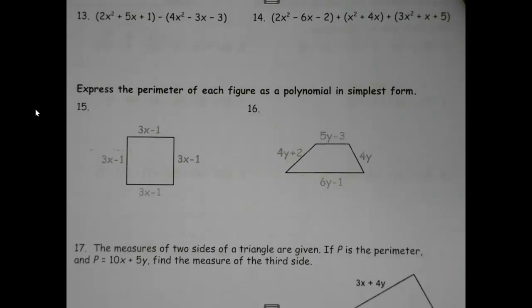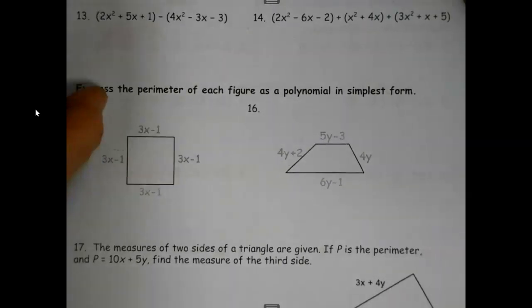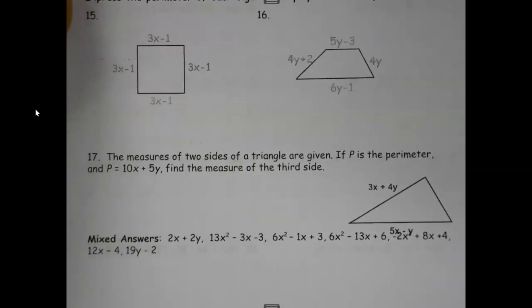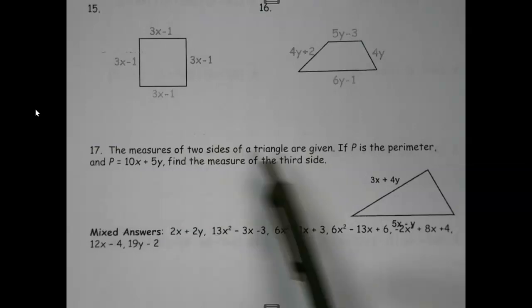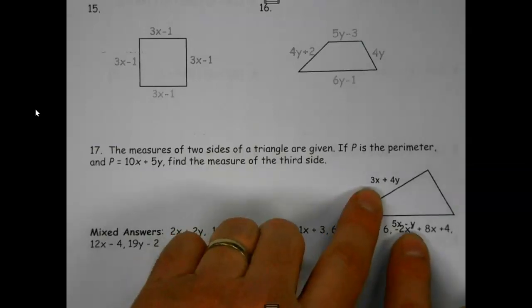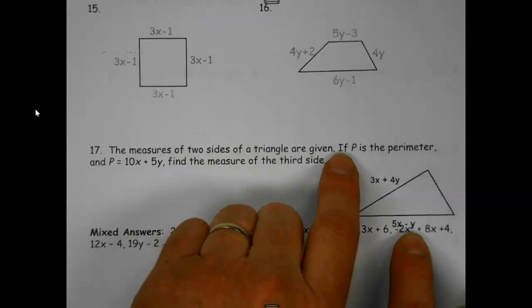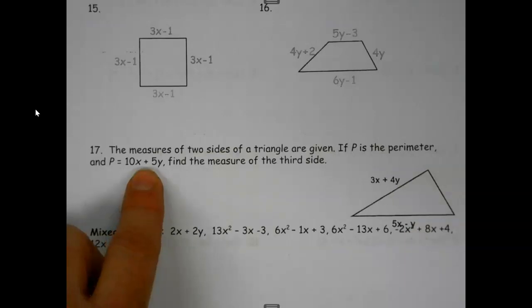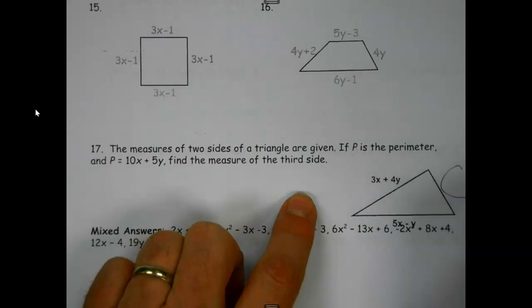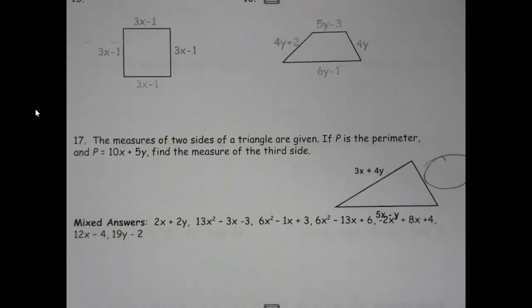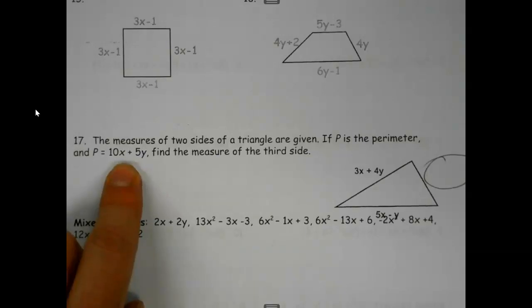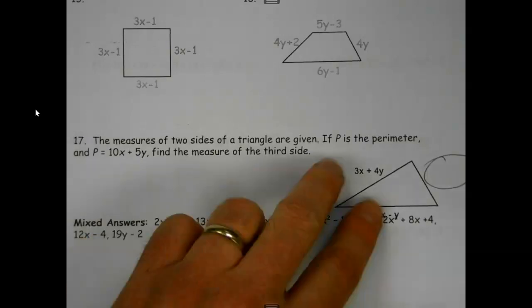The one I wanted to chat through with you, though, here at the back is 17. The measures of 2 sides of a triangle are given. If the perimeter, they're going to give us what the whole thing is. Find the measure of the third side. So I know the total. I know 2 sides.